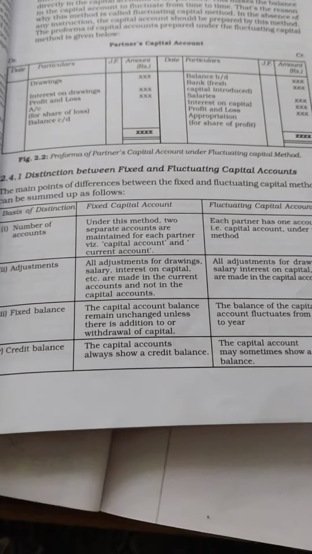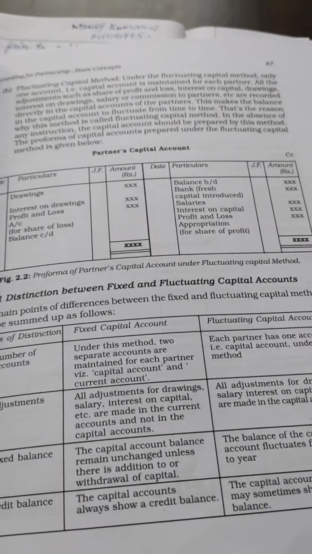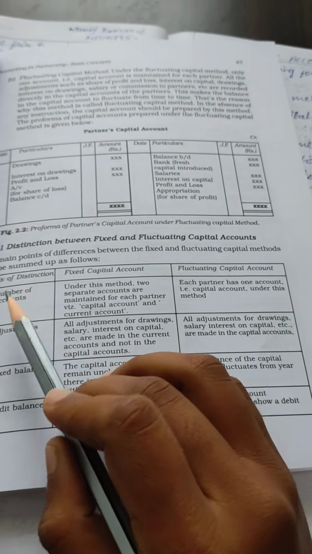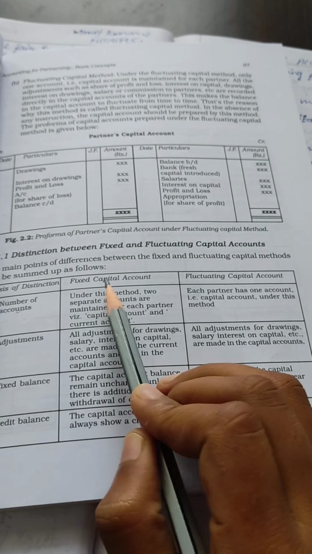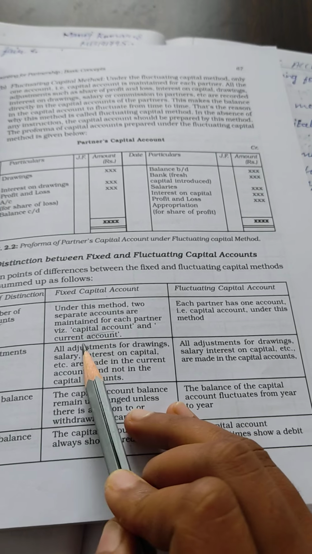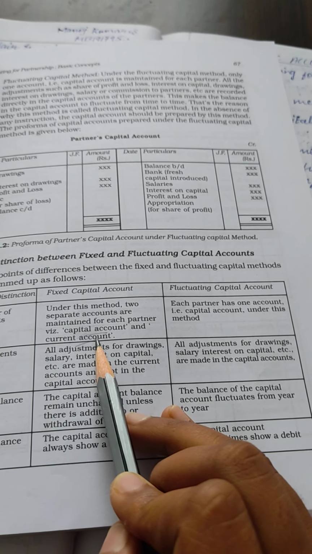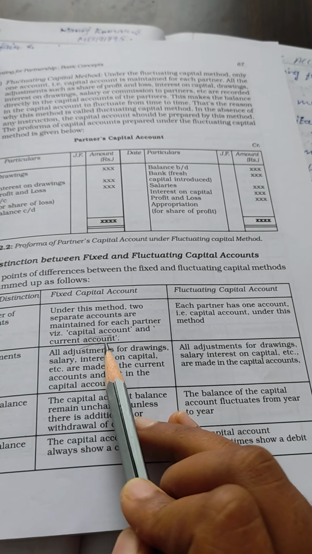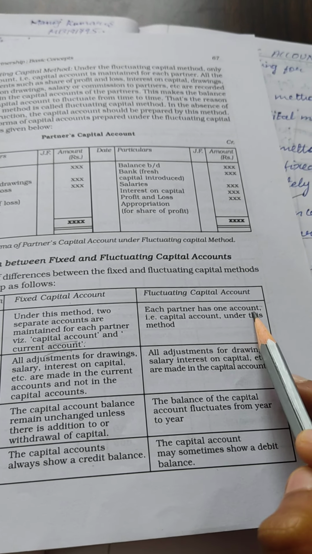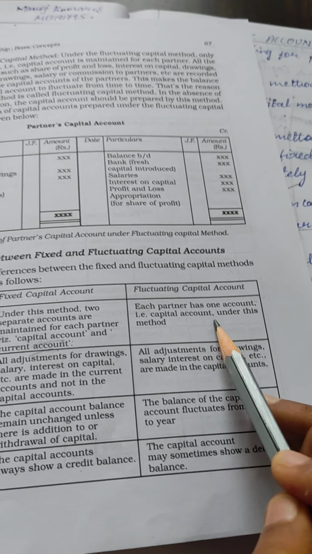So you can see here the distinction between fixed and fluctuating capital methods. The accounts that we open under the fixed capital method are the capital account and the current account. Under the fluctuating capital method, we open only one account, that is the capital account.